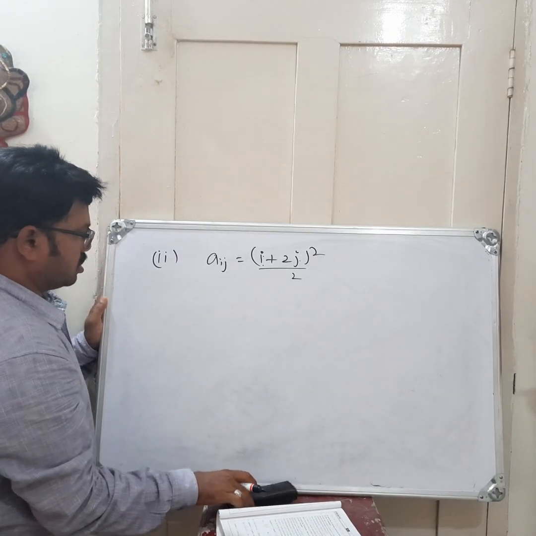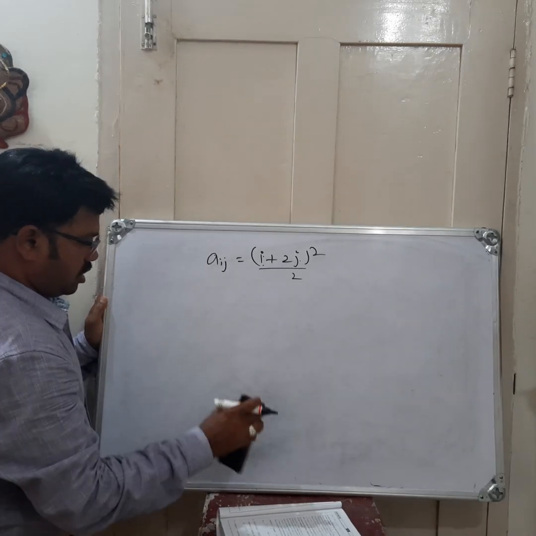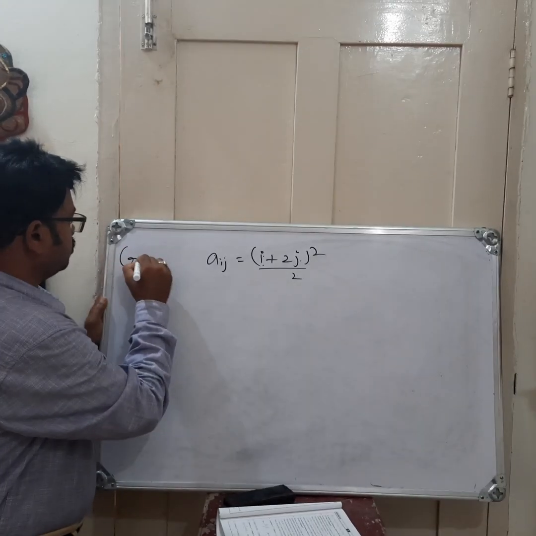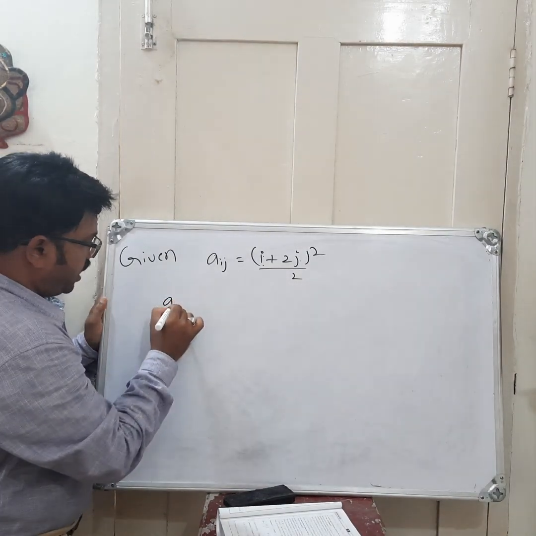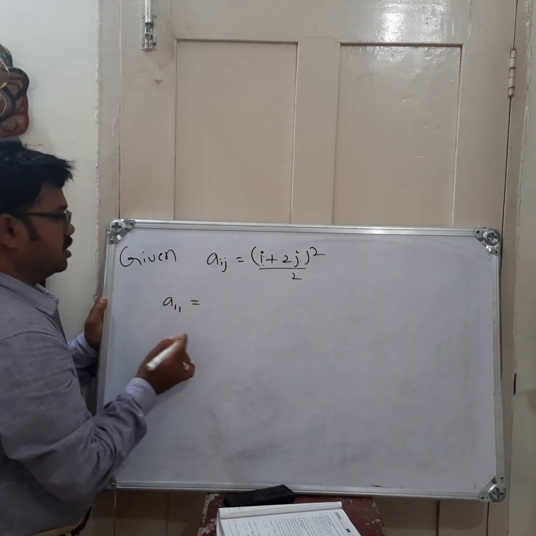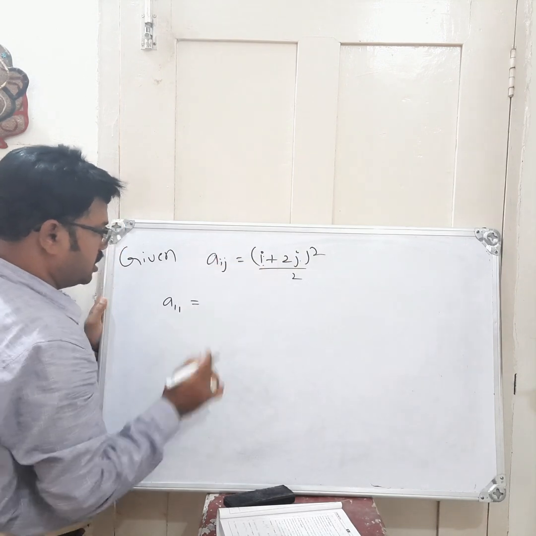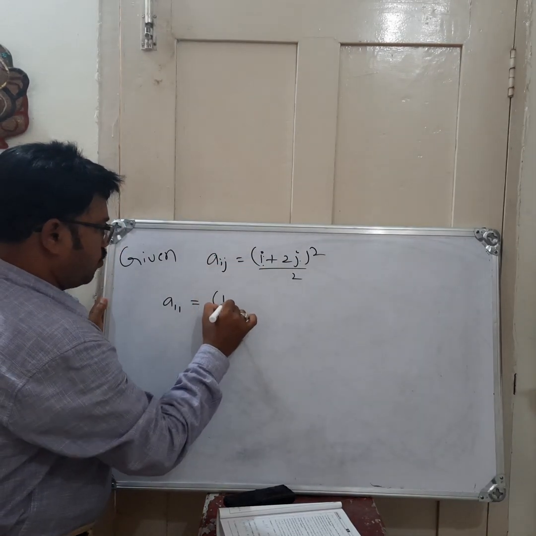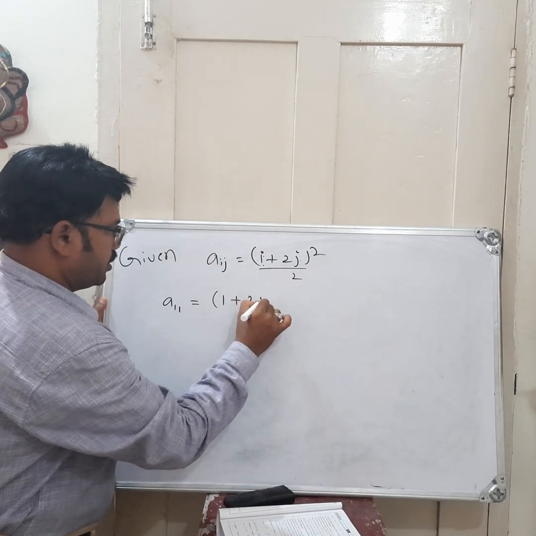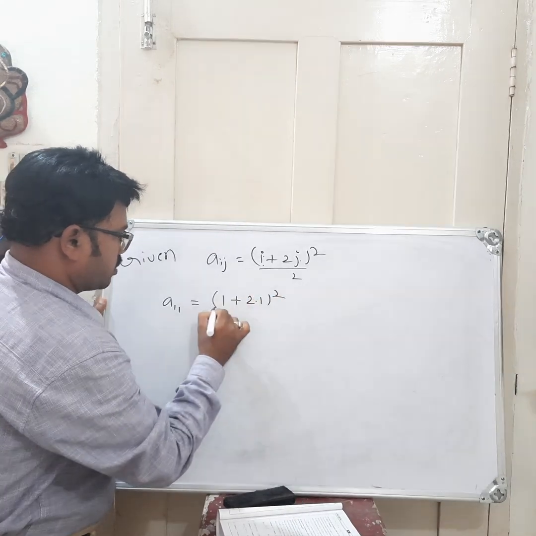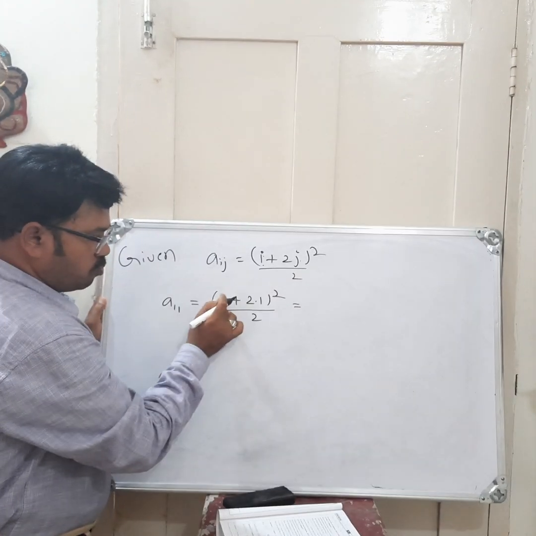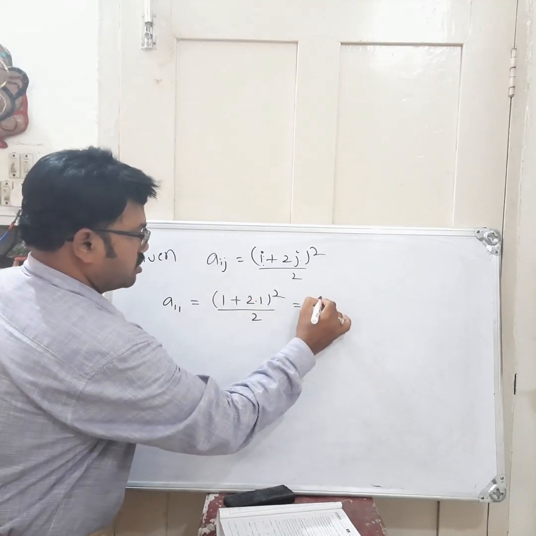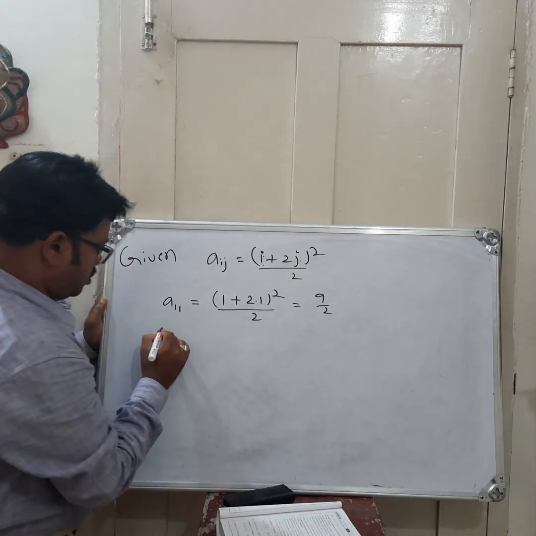See here the solution. So this is the given relation. We have to find first A11. Take i equal to 1 and j equal to 1. Then here (1 plus 2 into 1) whole square divided by 2. Then here 2 1s are 2, 2 plus 1 is 3, 3 square means the value is 9, divided by 2.